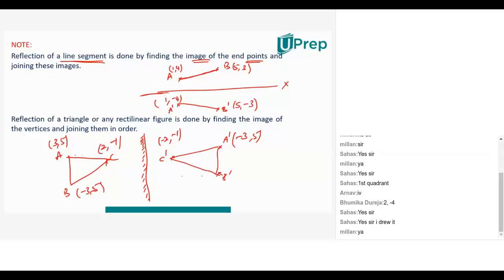Alethea, what will be the image of C? Others just mention it in your notebook. Don't worry. Minus 1. Minus 2. Minus 1. Sahas, what should be B dash coordinates?